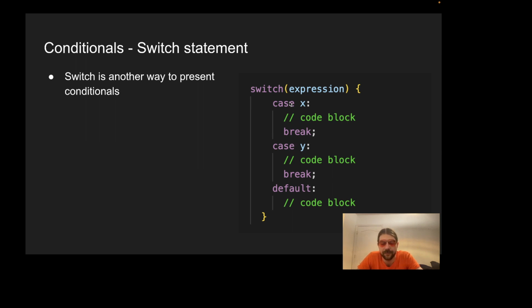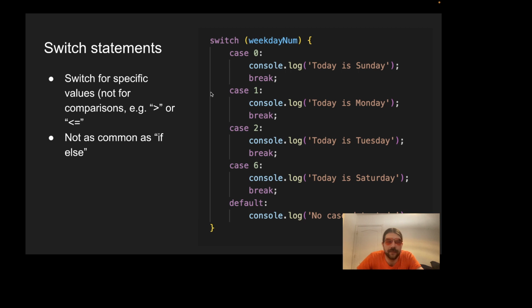So let's look at a little more of a clear example. When we have something like the number of a weekday, if we're doing weekdays in JavaScript, we usually represent Sunday as 0, Monday as 1, and so on.